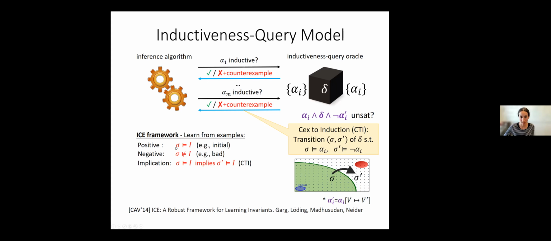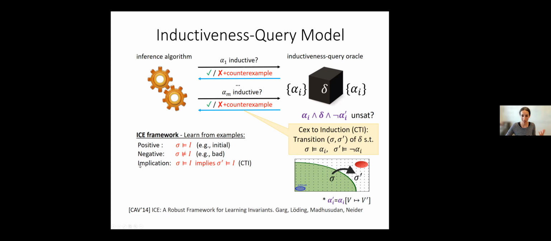Positive examples, these are states that are known to satisfy the invariant. For example, this could be generated from the initial state or by doing some bounded reachability. Then there are negative examples, examples that are known to not satisfy the invariant. For example, this could be bad states, since we know that bad states definitely do not satisfy the invariant.